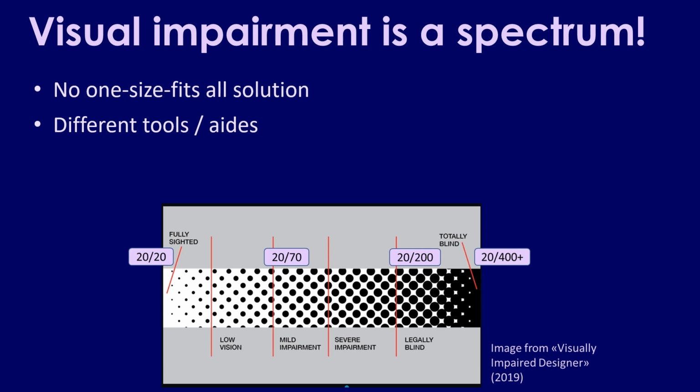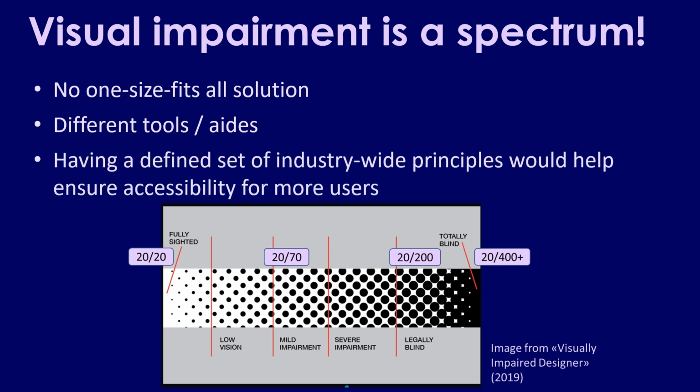And so that has a huge impact on how they interact with information visualizations. So having a defined set of industry-wide principles would help ensure accessibility for a broader range of users that fall anywhere along this visual impairment spectrum and also the different types of colorblindness.